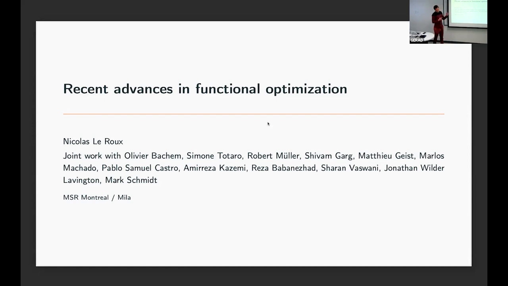This is actually the talk in functional optimization. So this is a different perspective on optimization compared to standard continuous optimization. So I don't know if it's going to be easier or harder to give that talk to an audience that maybe not as familiar with continuous optimization. So this is joint work with a quite large number of people. So Marlos is one of them.